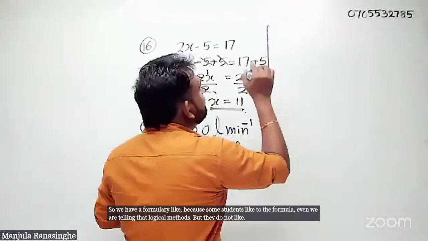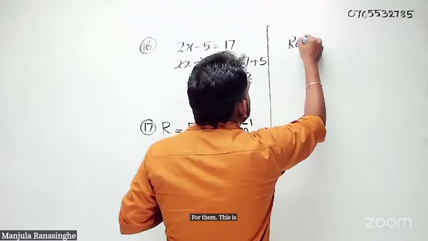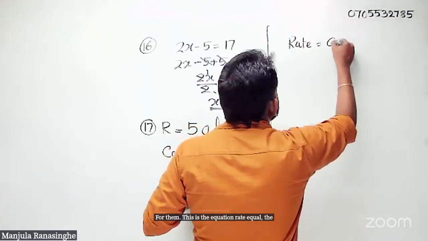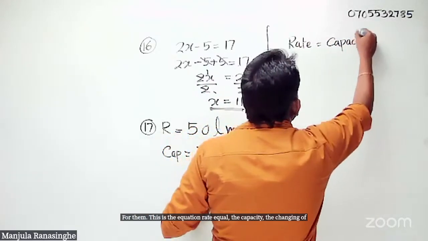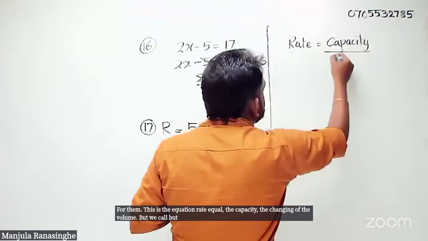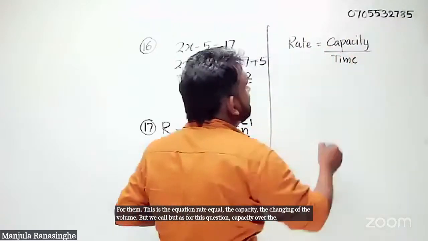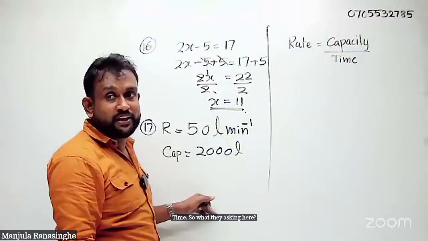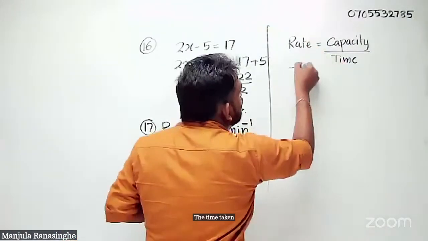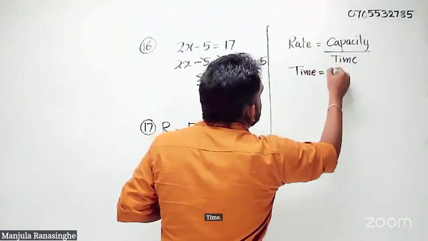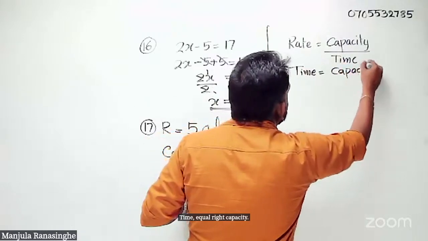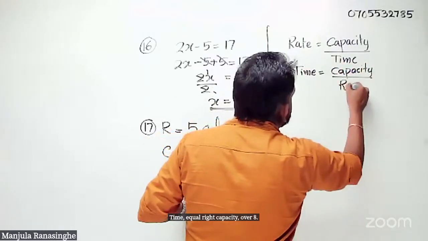For them, this is the equation: rate equals the change in volume, what we call capacity, over time. So what they are asking here is the time taken. So time is the subject: time equals capacity over rate.